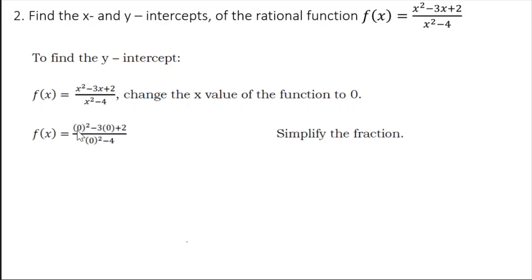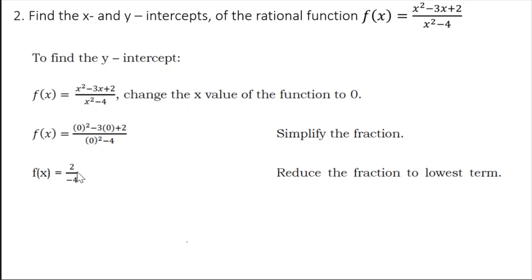So 0 squared minus 3 times 0 plus 2 over 0 squared minus 4. So 0 squared is 0, then 3 times 0 is 0. So 0 minus 0 plus 2 is only positive 2 over negative 4.